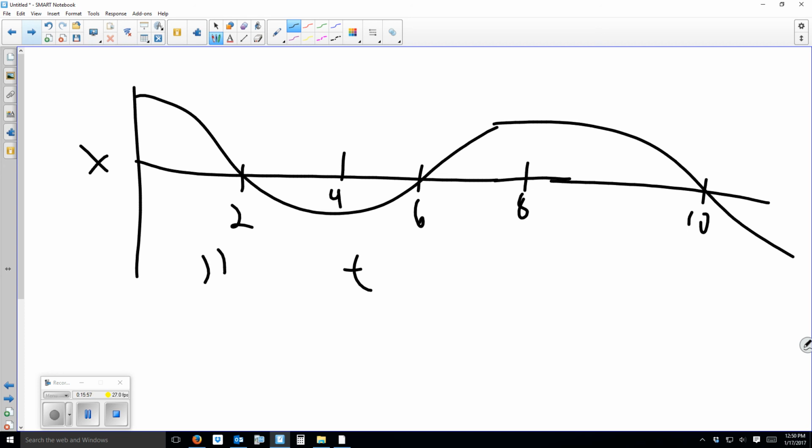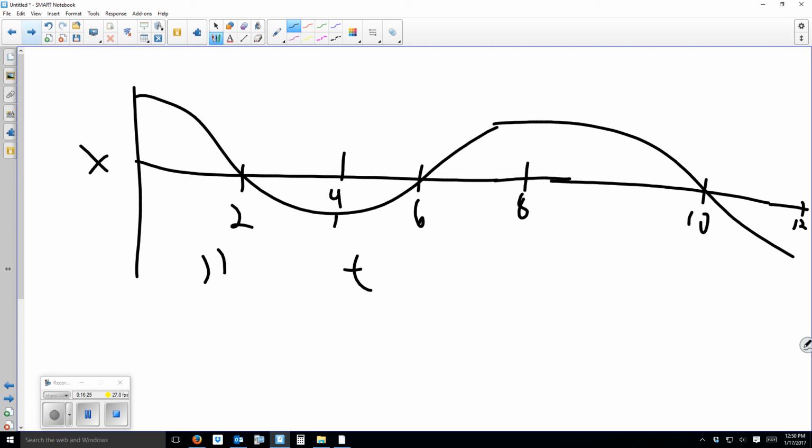First question for you. What's the period of oscillation? It is 8. We go peak to peak or trough to trough. If we look down here, and if this graph extended out, this would hit a trough again at 12 seconds. We would go 4 to 12, or we can go 0 to 8.